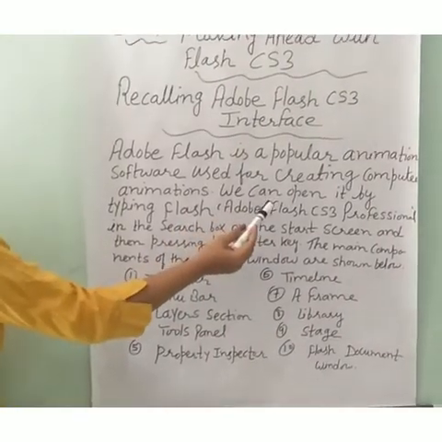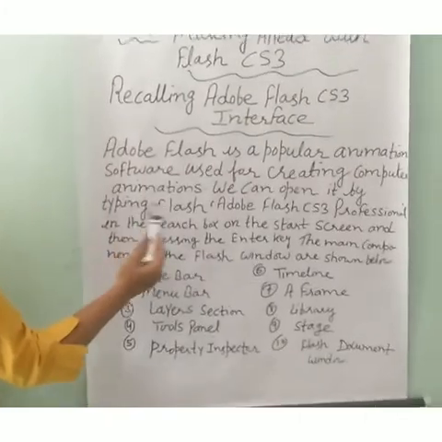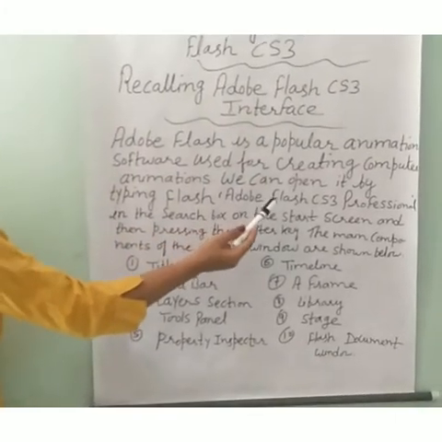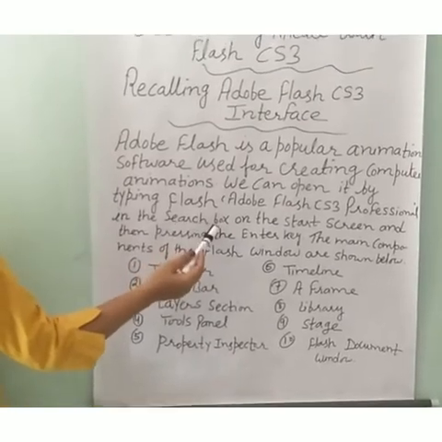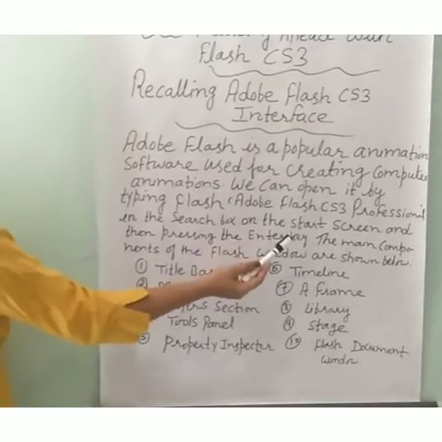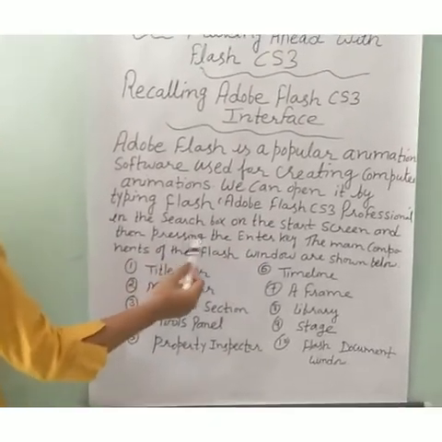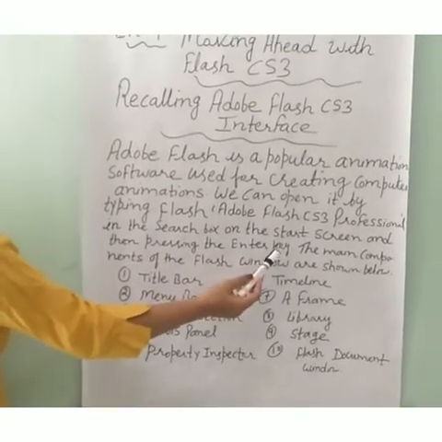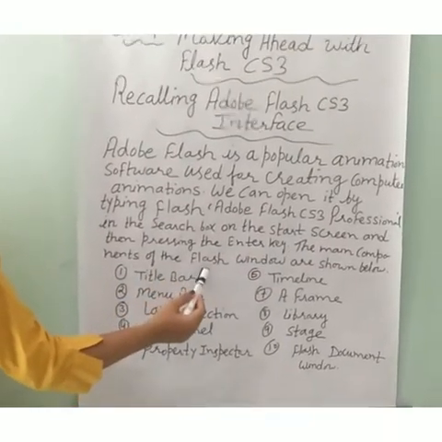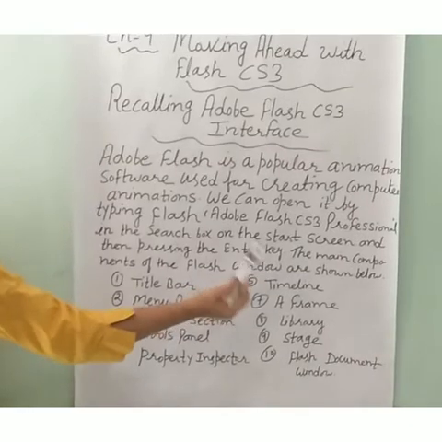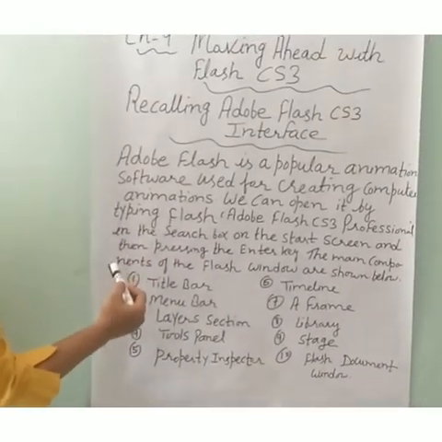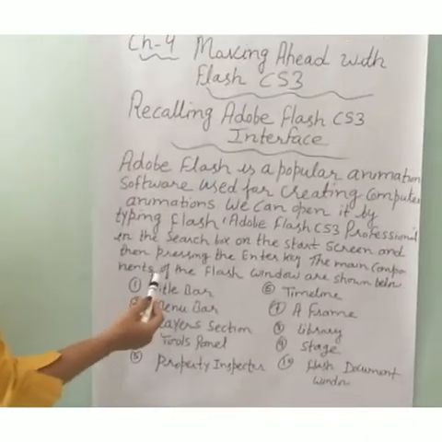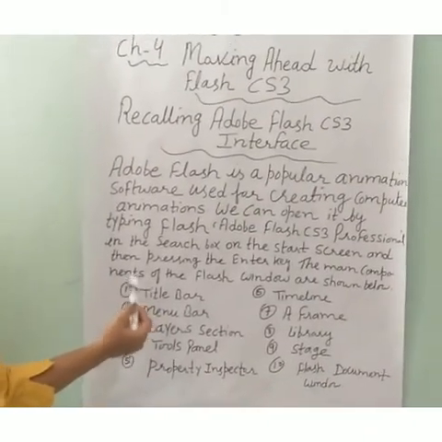We can open it by typing Flash, Adobe Flash CS3 Professional in the search box on the start screen and then pressing the enter key. The main components of the Flash window are shown below. So students, it's an animation software and there are many tools available in Adobe Flash CS3.